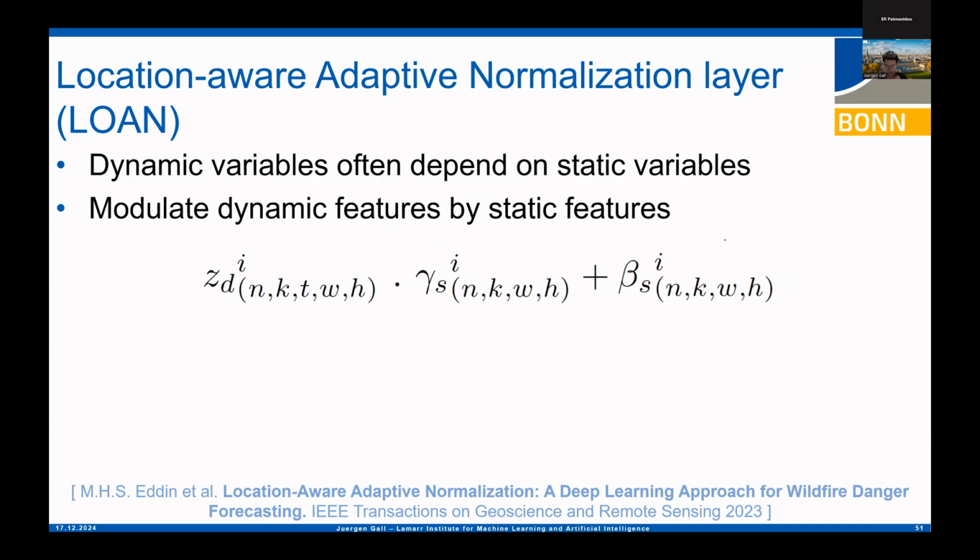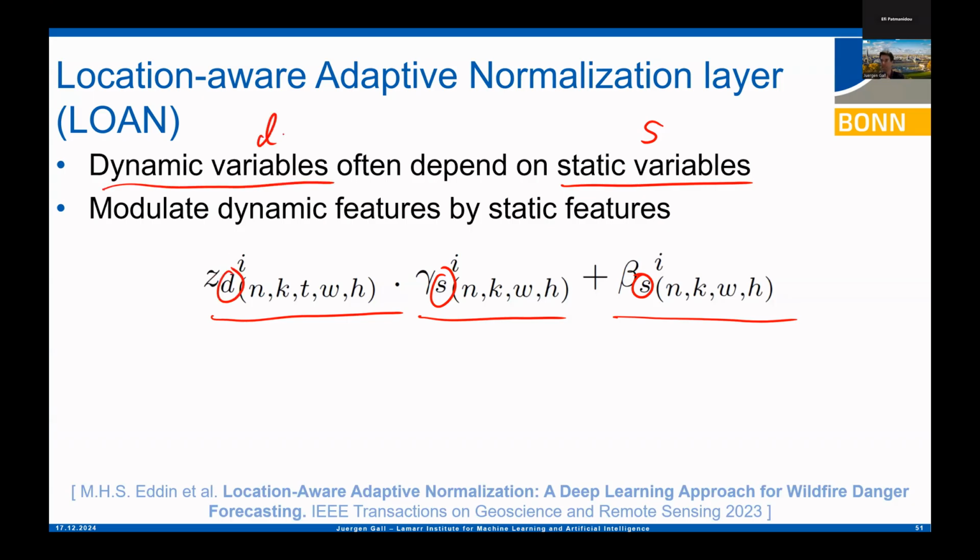So we have our dynamic features, like temperature or other features, and we modulate them by multiplying by a learned factor and adding a constant term, which depends on the static features. The static variables are denoted by S and the dynamic variables by D.